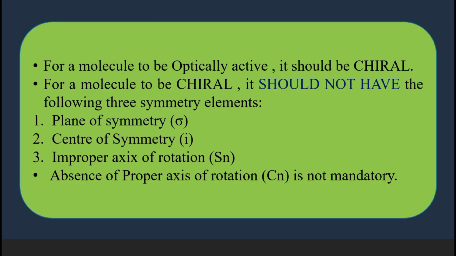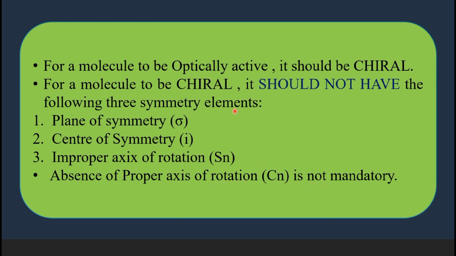So in our earlier discussion, I have told you that for a molecule to be chiral, it should be asymmetric, which means it should not have any of the four symmetry elements. But now we have observed that it is enough if a molecule does not possess the three symmetry elements sigma, I and Sn, and the absence of proper axis of rotation is not mandatory.